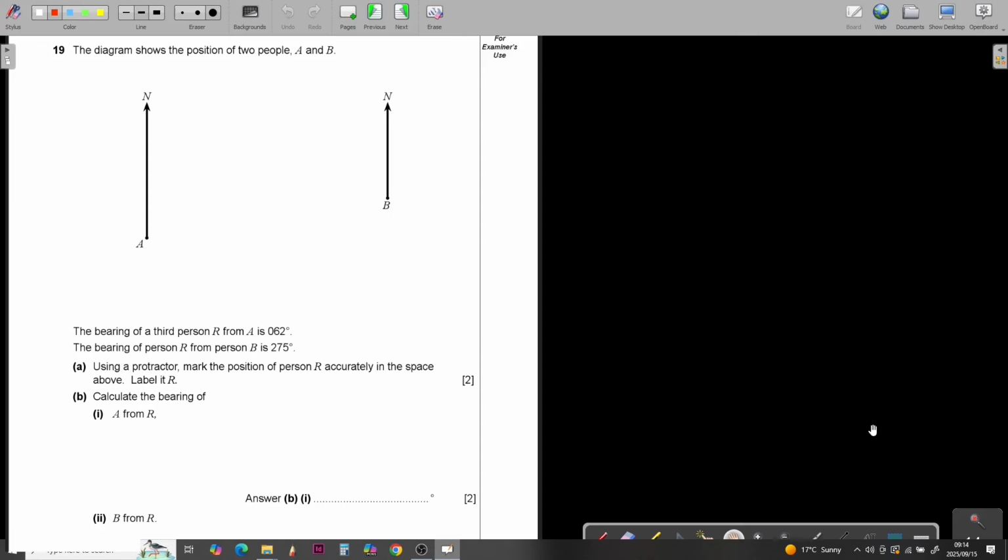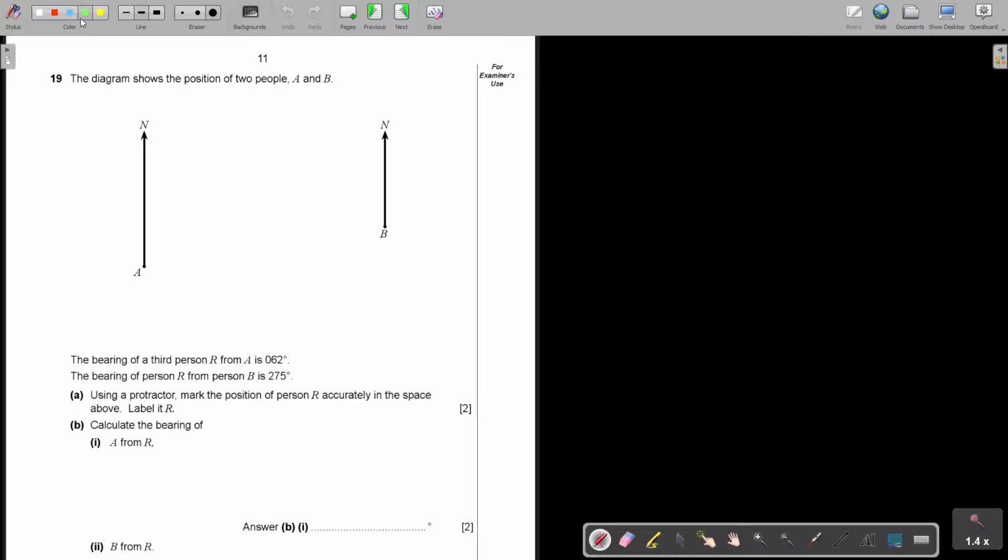Using a protractor, mark the position of person R accurately in the space above. Label it R. Okay, where will we find it in the y equals mx plus c mathematics textbook? We will find it at construction, how to draw an angle or a line from an angle, and that will be on page 408.